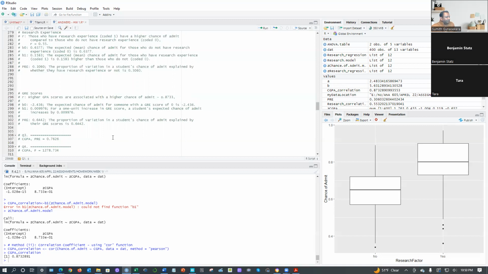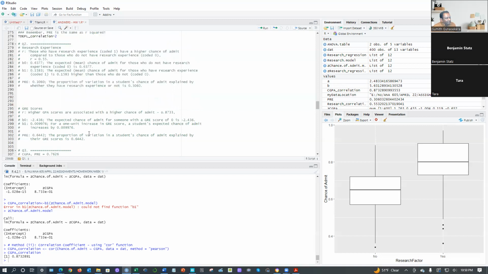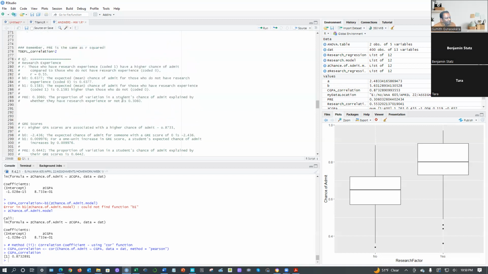You don't say simply that proportion of error means error. Rather than that, they say the proportion of variation in students' chance of admit explained by GRE score is this much. They can explain this much of their chance of admit. Same way here, the proportion of variation in student chance of admit explained by whether they have research experience or not is this much.